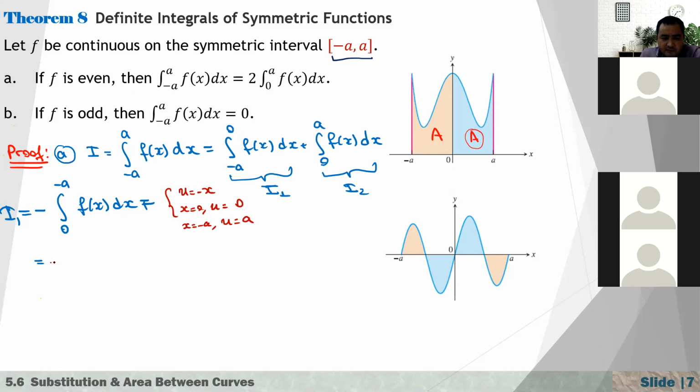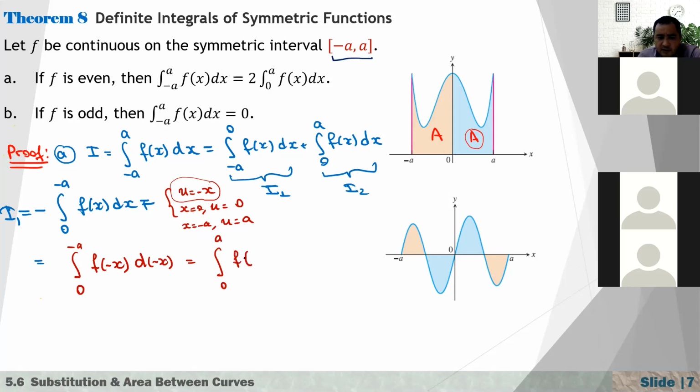So here we have minus, and here we have 0, right? And f of x, I can write it as f of minus x because it's even. f of x or f of minus x gives us the same result. This minus I bring inside. Here we have minus x. Now I'm going to substitute u for minus x. When x changes from 0 to minus a, u changes from 0 to a.